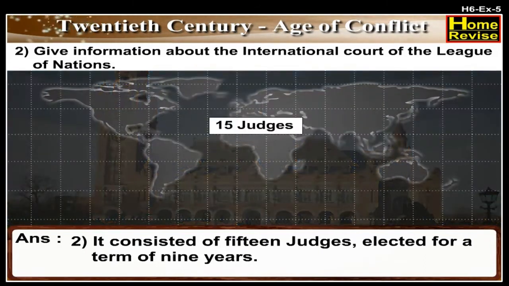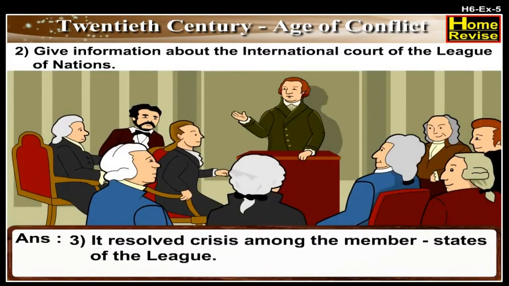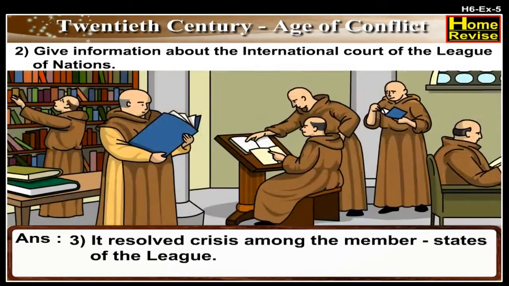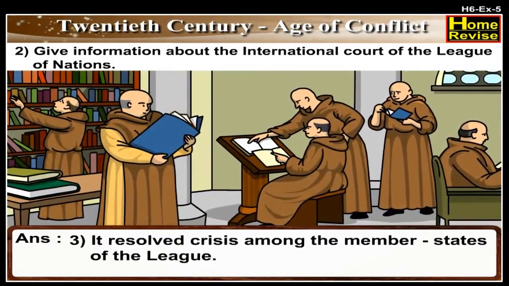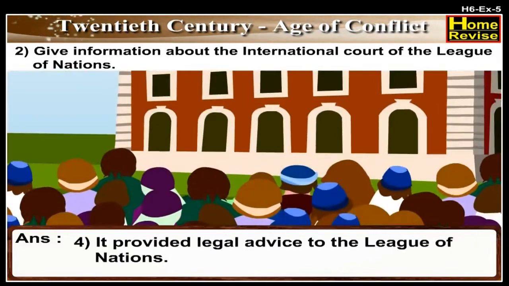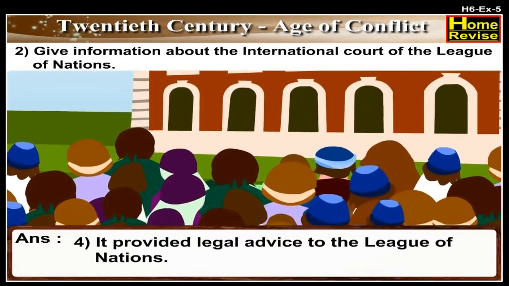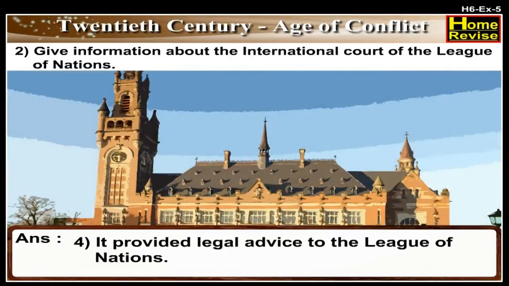It consisted of 15 judges, elected for a term of 9 years. 3. It resolved crises among the member states of the League. 4. It provided legal advice to the League of Nations.